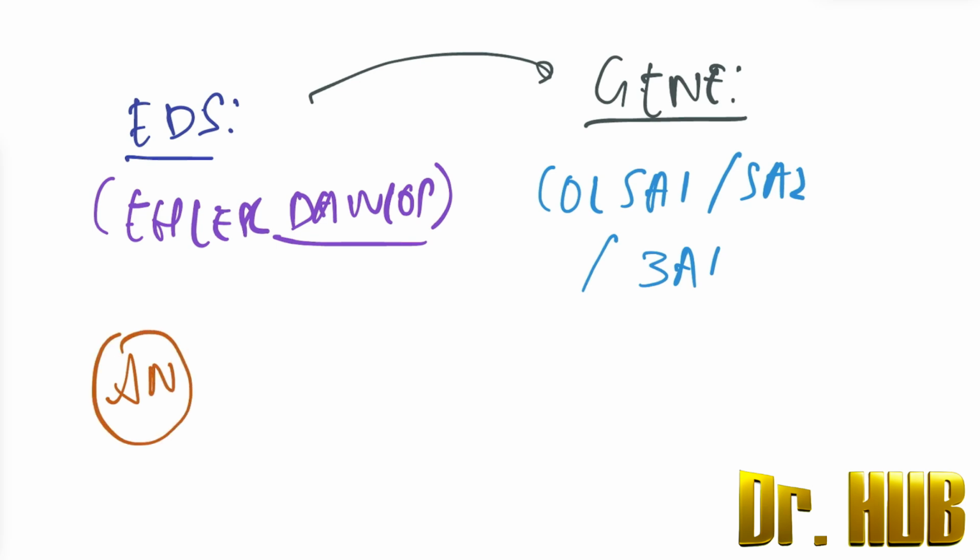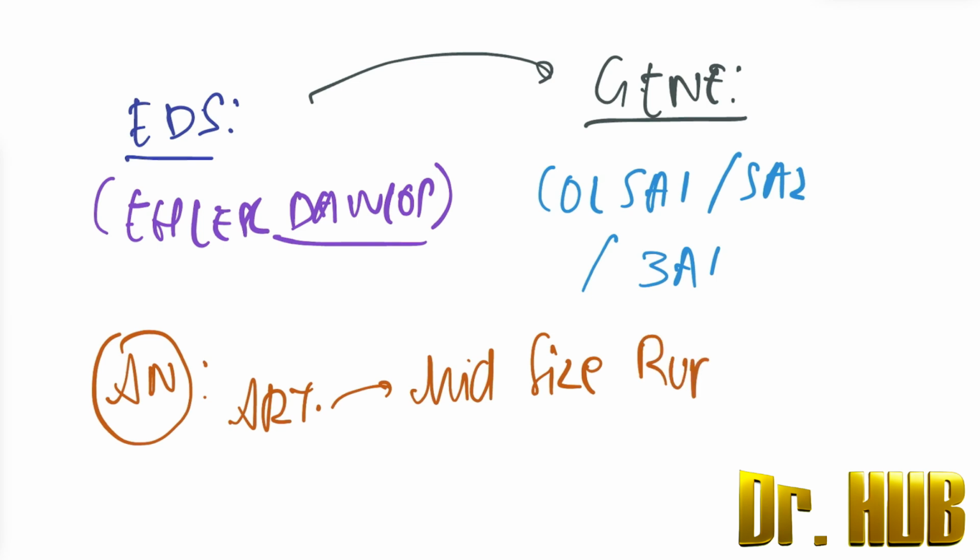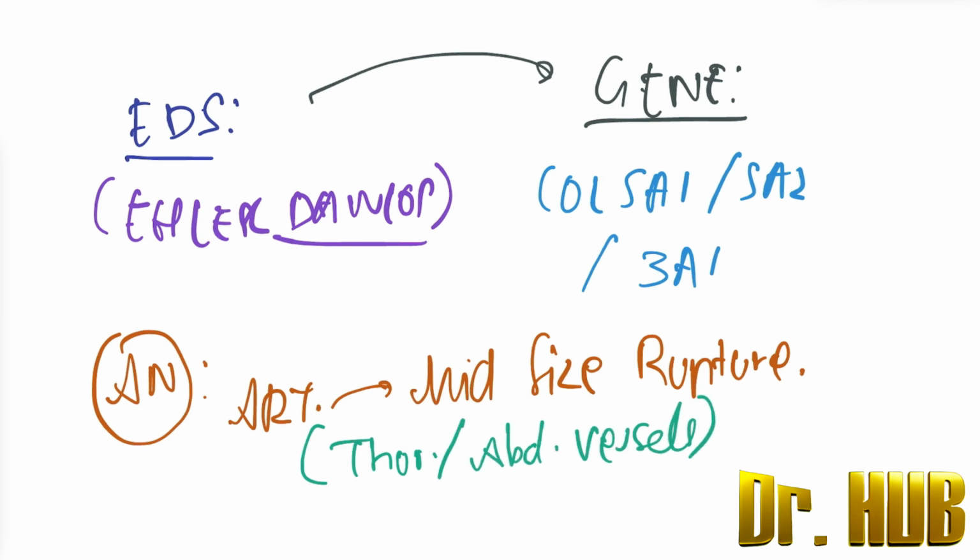Now the aneurysm is going to be arterial mid-sized rupture, and especially it involves the thoracic or the abdominal vessels, frequently the descending as well as the abdominal aorta.